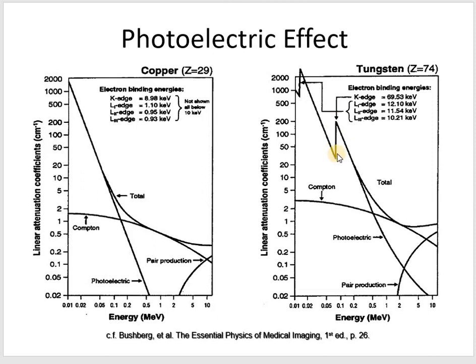So it's about 170 per centimeter. Photoelectric is more likely to occur when the incoming photon has energy slightly above the K-edge. So the K-edge is 69, so this is at about 69. There'll be a sharp increase, but when the energy of the photon keeps increasing, the linear attenuation through photoelectric interaction decreases again.